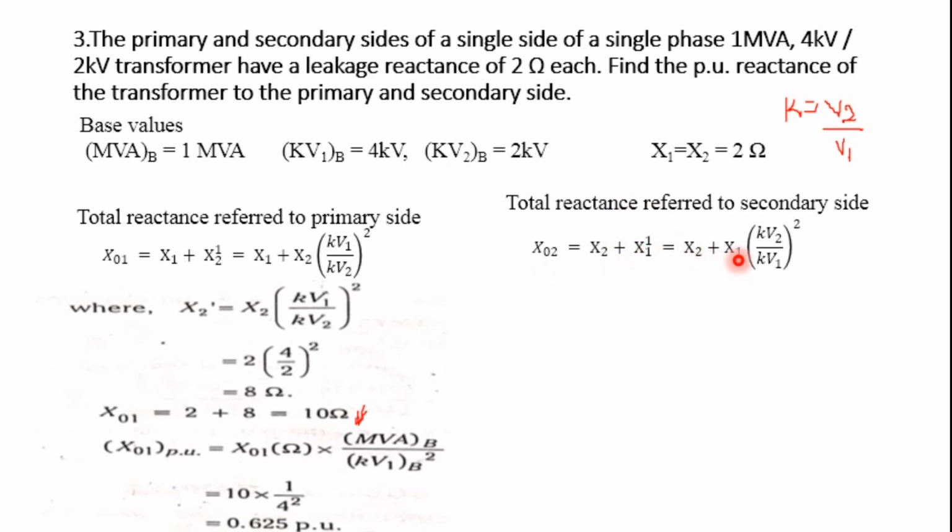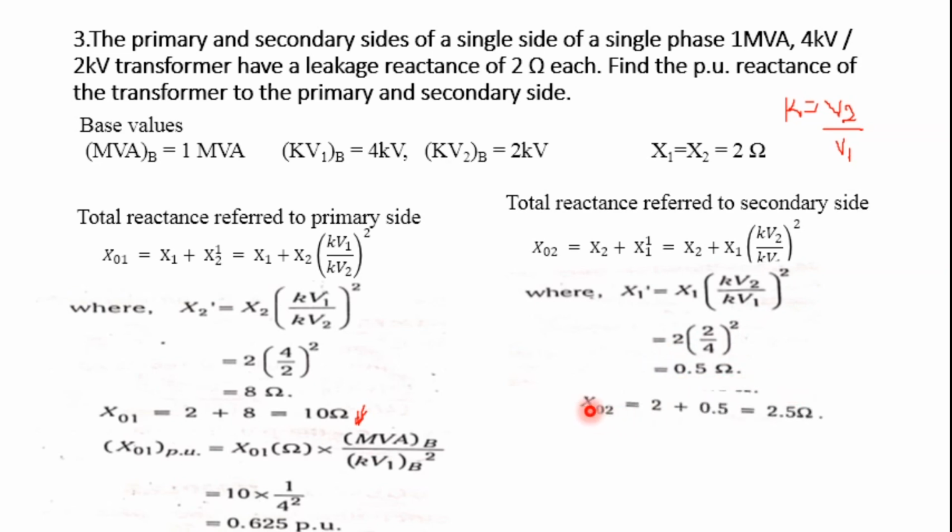So x1 dash is x1 into k square. What is k? V2 by V1 square. So calculate this: x1 dash is equal to x1 into V2 by V1 whole square. What is V2? It is 2 kV divided by the primary, which is 4. Okay, so I got 0.5 ohm.